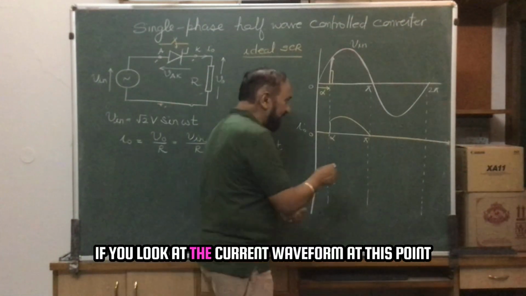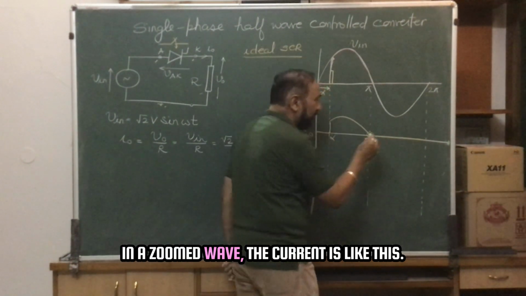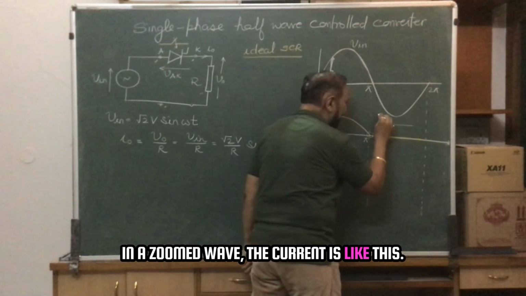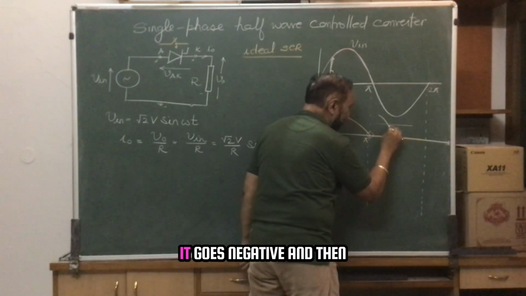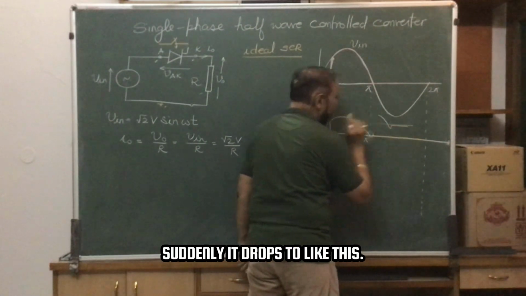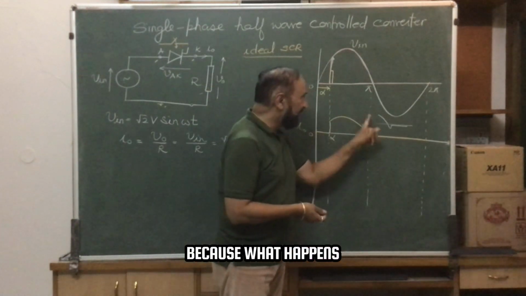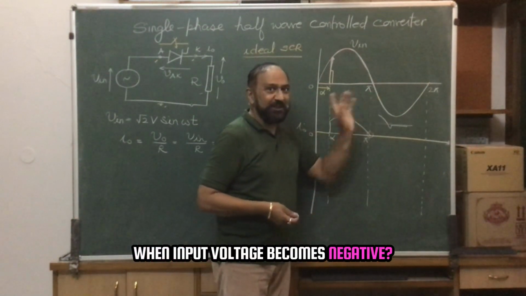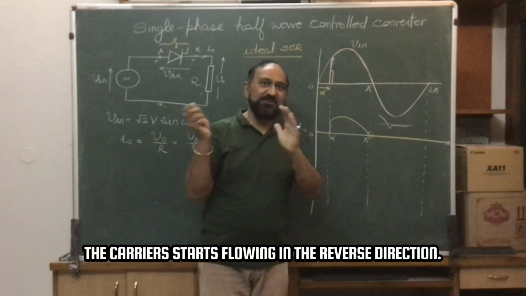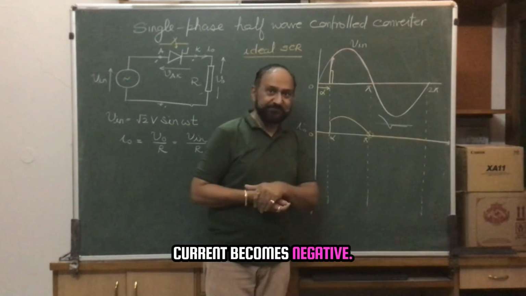If you look at the current waveform at this point in a zoomed way, the current is like this. It goes negative and then suddenly it drops to like this. Because what happens when input voltage becomes negative, the carriers start flowing in the reverse direction, current becomes negative.